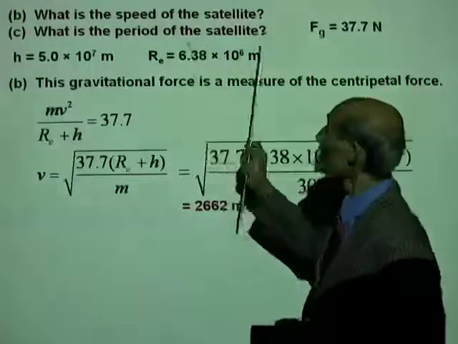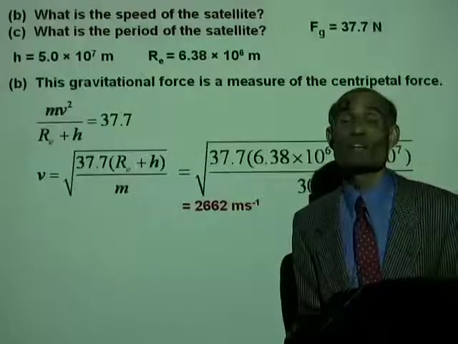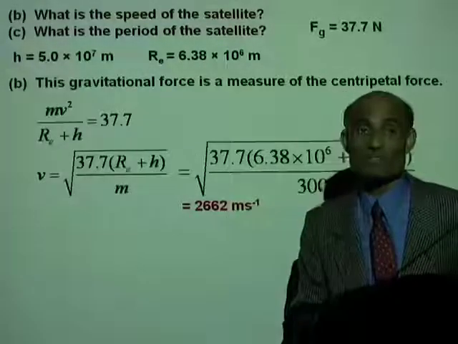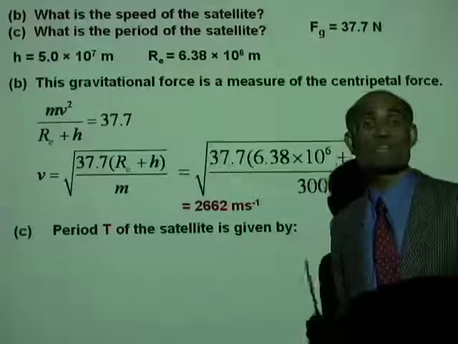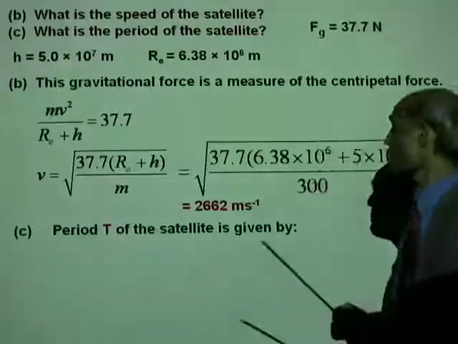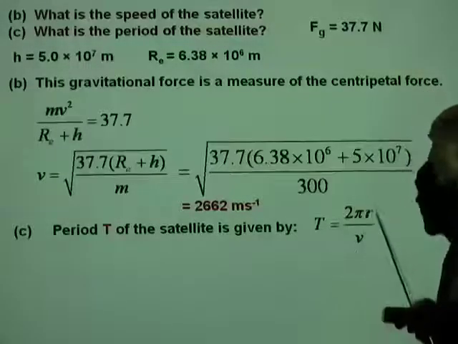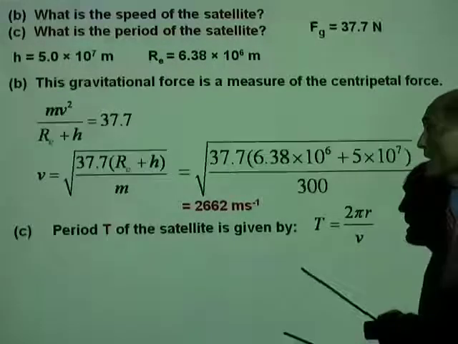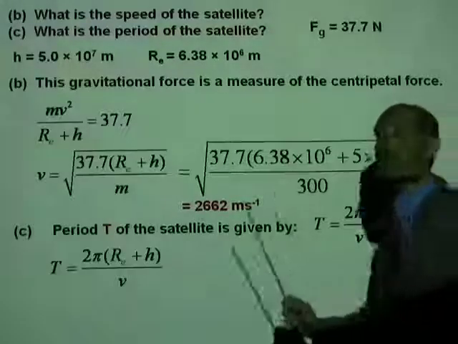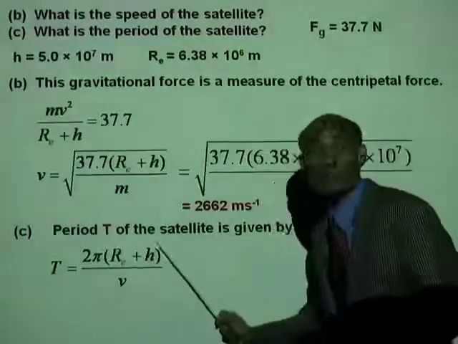What is the period of the satellite? The time taken for one revolution. Well, once you know the orbital speed, you can find the period very easily. If T is the period of the satellite, then T equals 2 pi r divided by v. Well, this r, the distance of the satellite from the center of the Earth, is R E plus h.